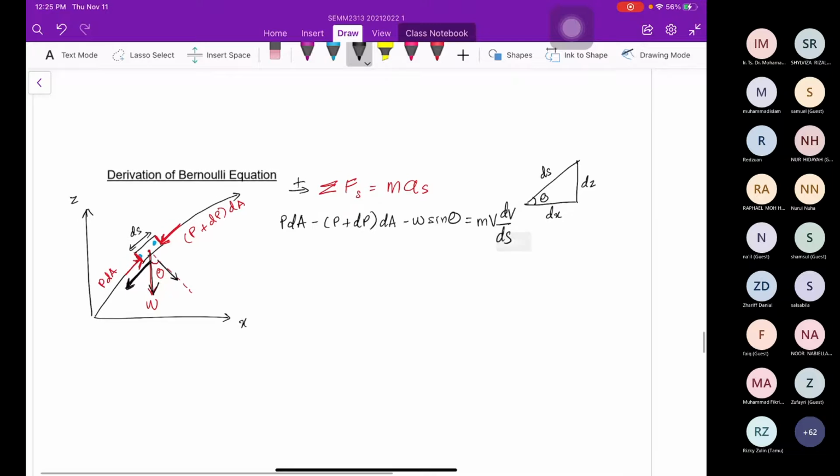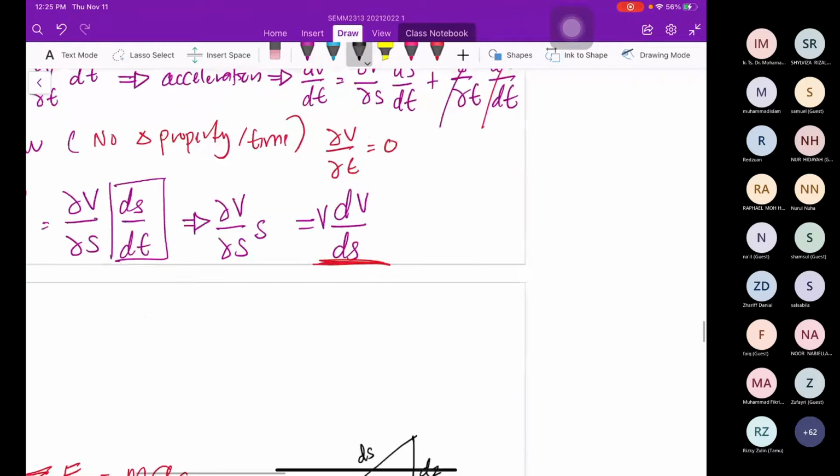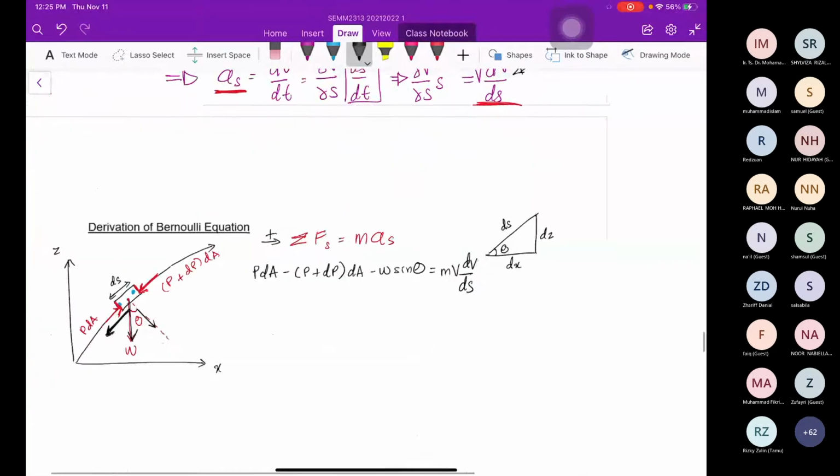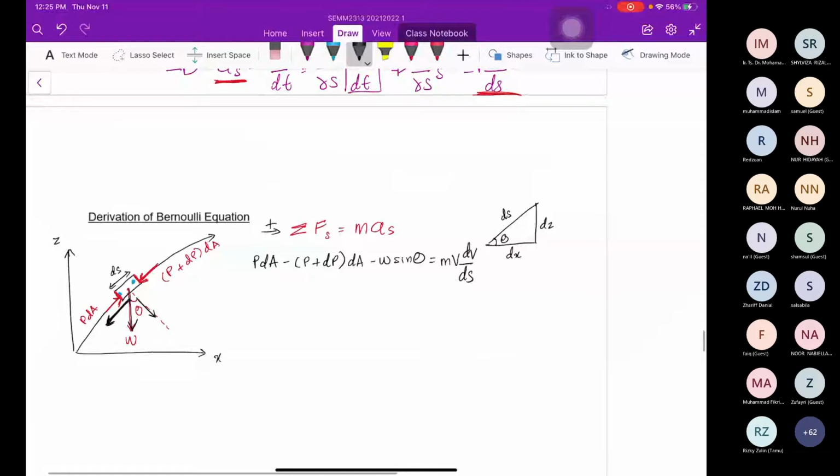Where do I get v dv/ds from? From here. The reason I introduce you to the triangle is because I want to replace sine theta. Sine theta is opposite over hypotenuse. Opposite is dz, hypotenuse is ds. So I want to replace it with dz over ds.